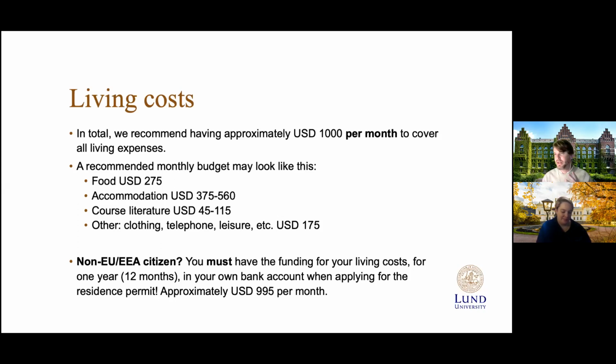But a general estimate we can give you is about $275 a month on food, between $375 to $560 a month on accommodation, and $50 to $115 a month on course literature. Although if you're a resourceful and engaged student, perhaps you might be able to find a way to find some of this literature a little bit cheaper.